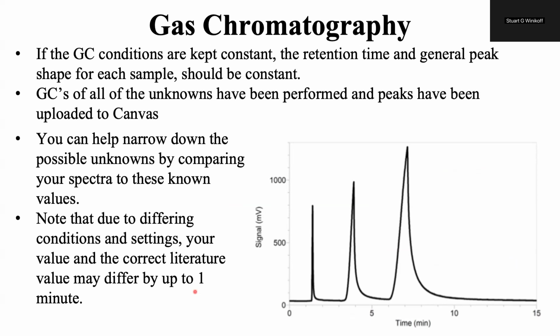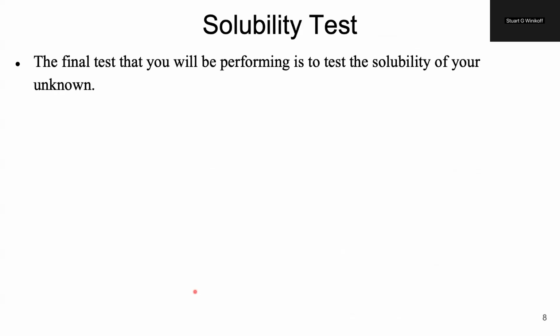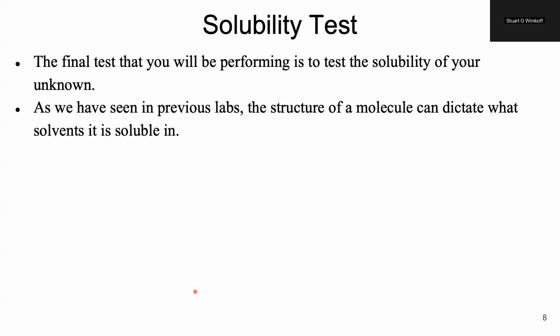likely unknown is. The final test that we're going to be performing is to test the solubility of your unknown. So we've seen this in multiple of our different labs. Structures of a molecule will dictate what solvents it can dissolve in. This has been a major feature we've used to help separate samples using separatory funnels. But we can also run this in reverse.